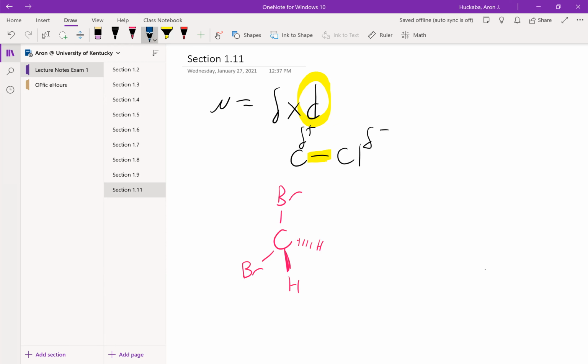Now it gets a little complicated because you could imagine there's a dipole between the carbon and each bromine, but there's also a dipole between the hydrogen and the carbon, right? So because of both of these dipoles, there's actually a molecular dipole that exists.